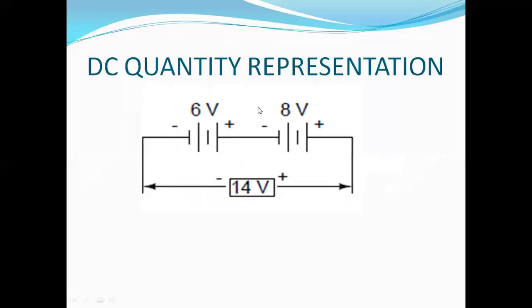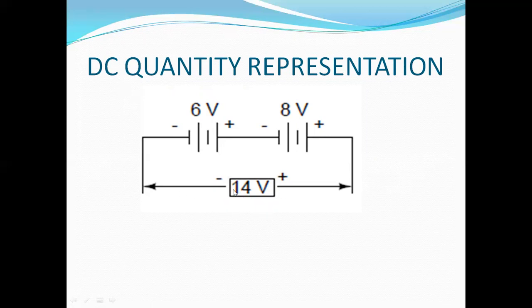Now next is the DC quantity representation. How is a DC quantity represented? Suppose a 6-volt battery is there and an 8-volt battery is there. They are connected in series, minus plus, minus plus. So the total voltage across these two terminals is 8 plus 6, that is 14 volts.